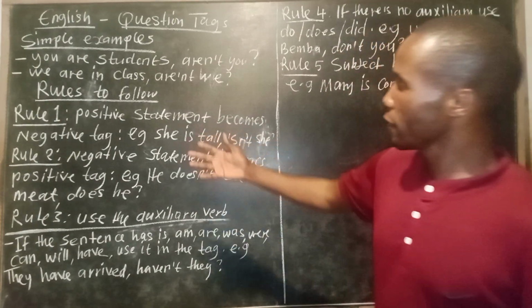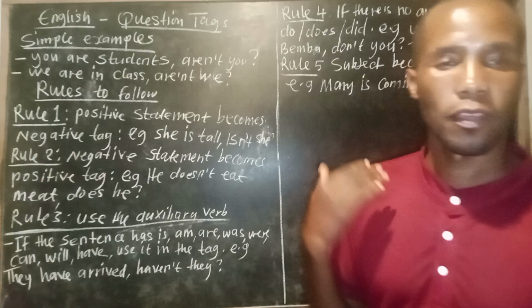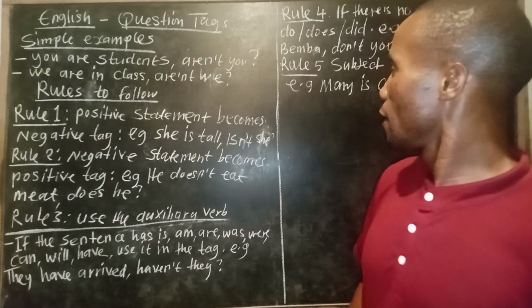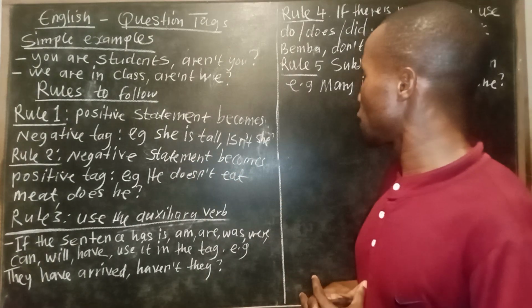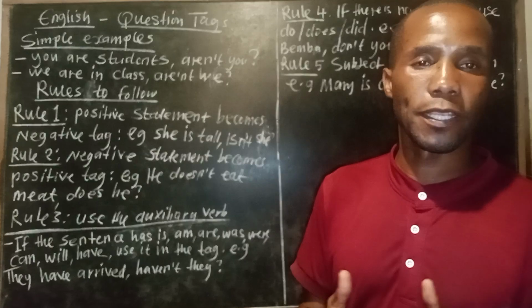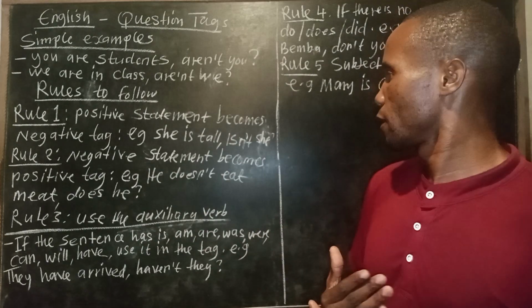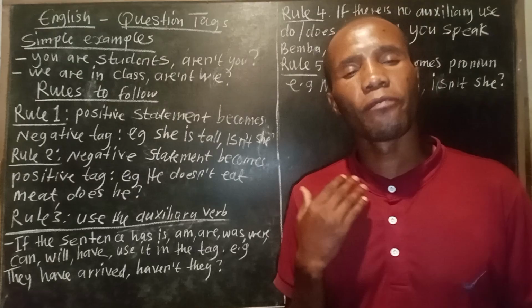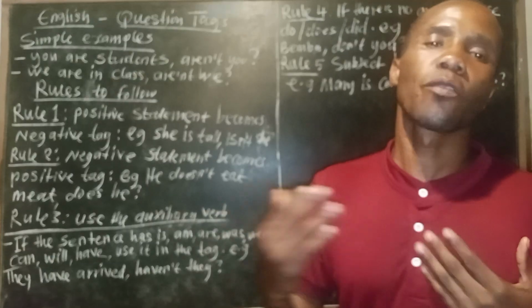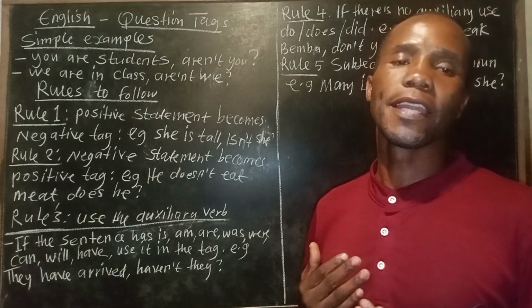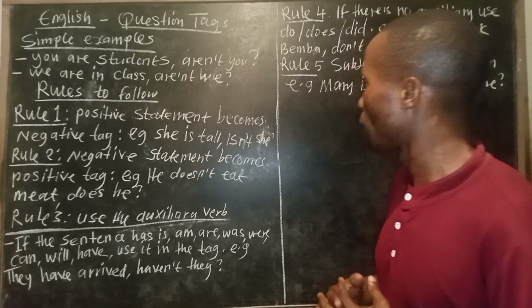Okay. Then let's go to rule number two. Negative statement becomes positive. So this is just the vice versa or opposite. When you have a negative statement, the question tag should be in a positive form.